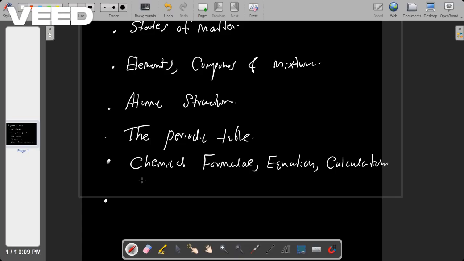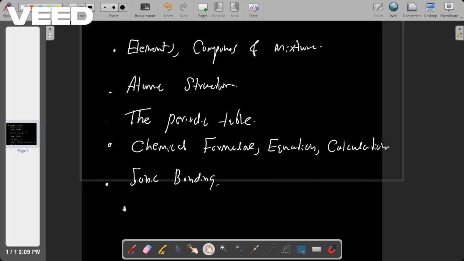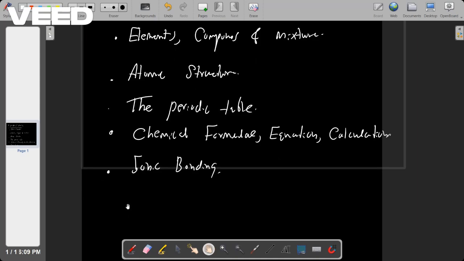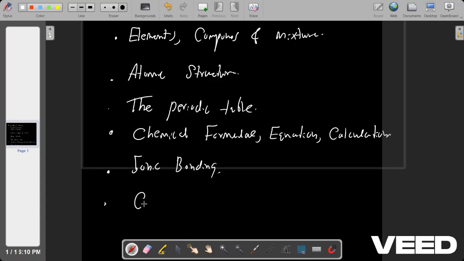Then we are discussing ionic bonding, and the bondings, right? When electrons are completely shared or taken, forming oppositely charged ions, the attraction between these oppositely charged ions is called ionic bonding. Then covalent bonding, when the electrons are shared. Right? Covalent bonding, about these we are going to discuss.